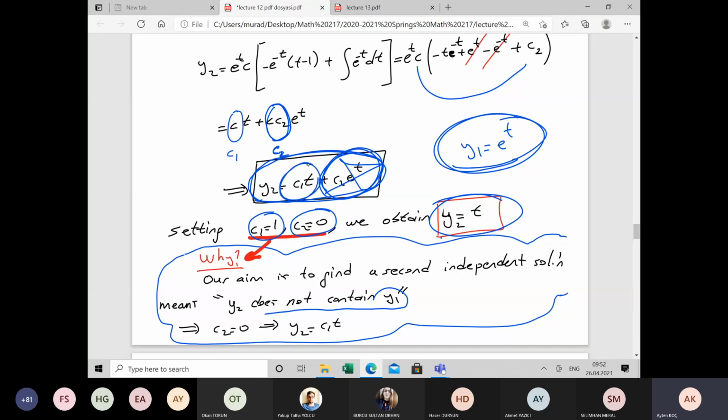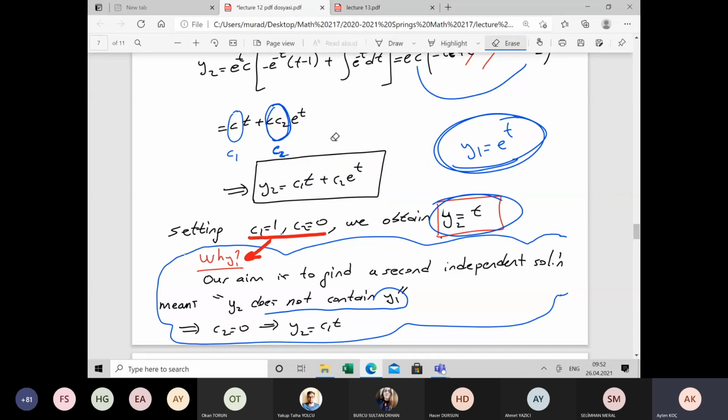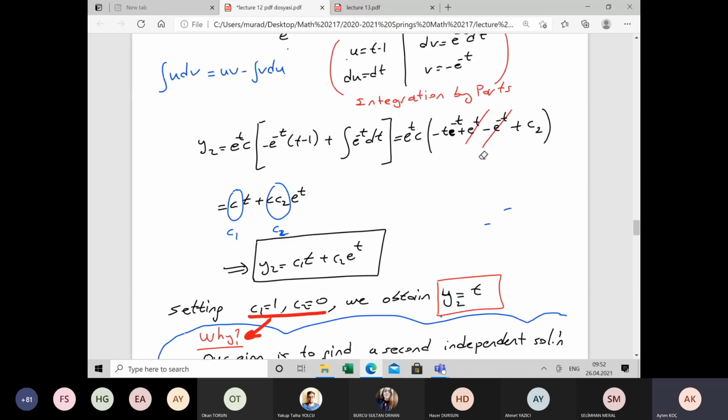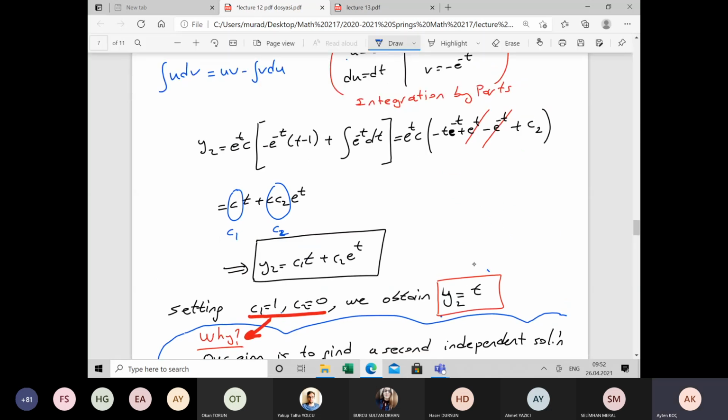So take C1 equal to 1 and we obtain y sub 2, because this part comes from y sub 1. Any question?